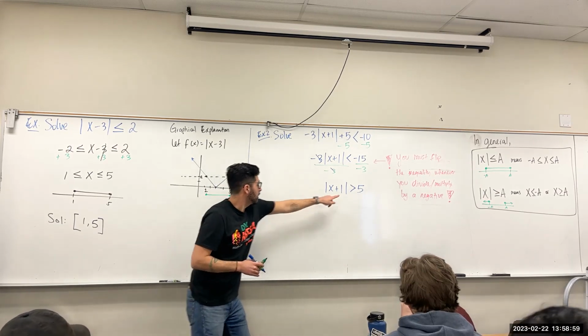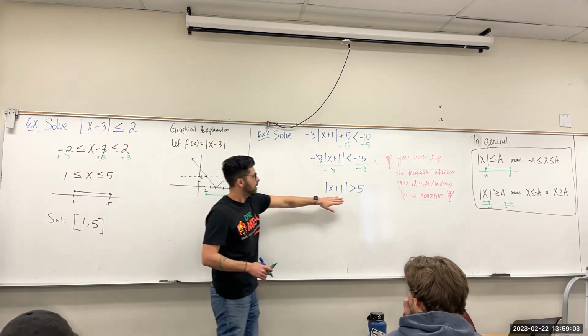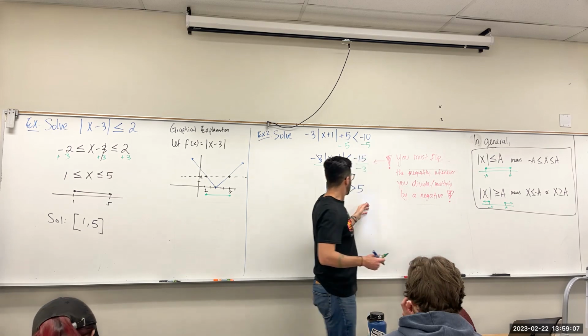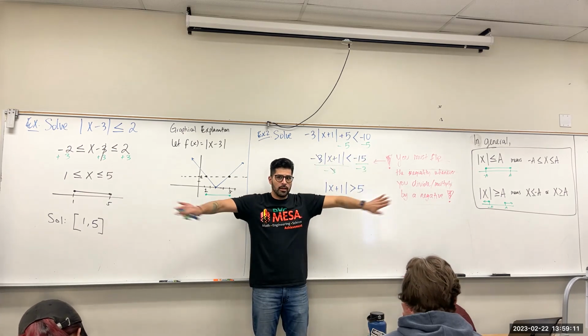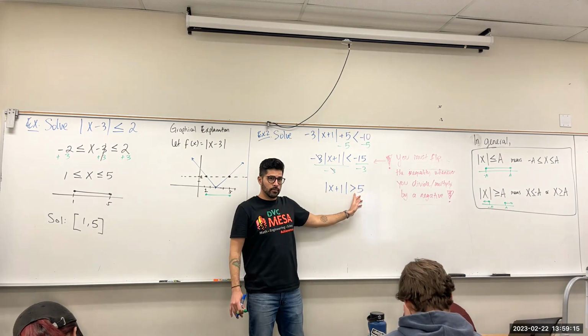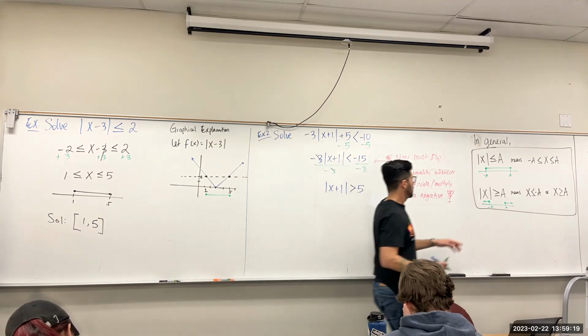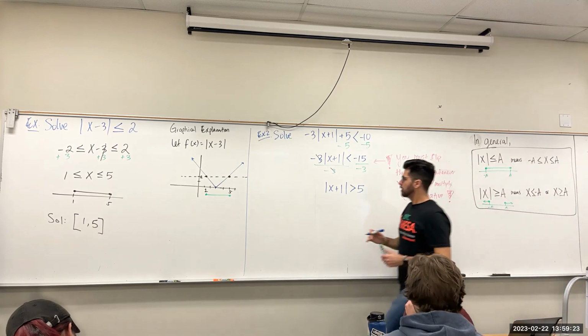Notice that now the absolute value is isolated and it's greater than 5. So do you want to be in between -5 and 5, or do you want to be away from -5 and 5? If you're going to be greater than, you want to be more than 5 units from 0. So you want to be away from those values.